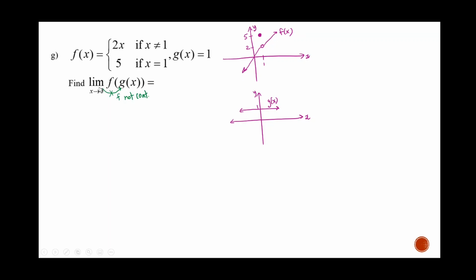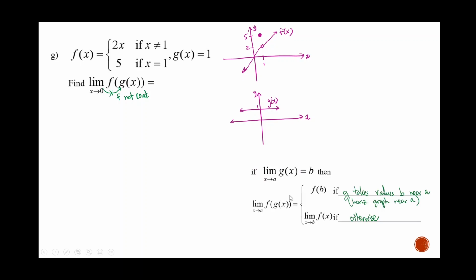Because the outer function f is not continuous, do you see how it's broken up at 1 here? Then we may not be able to just bring the limit in. Maybe not, so we have to investigate that a little bit more. Here is the main idea written at the bottom.